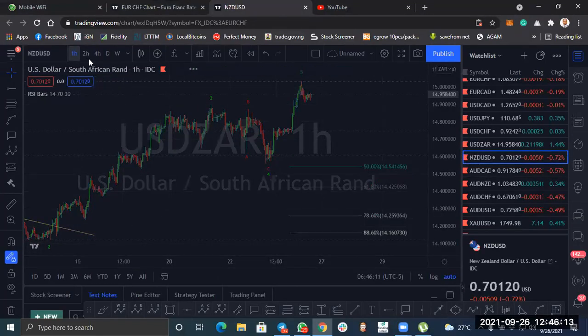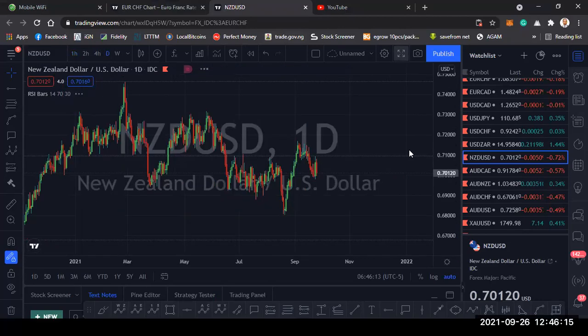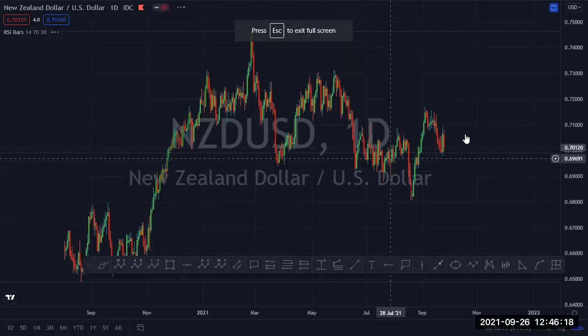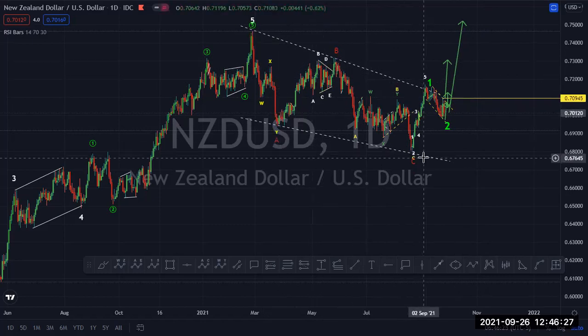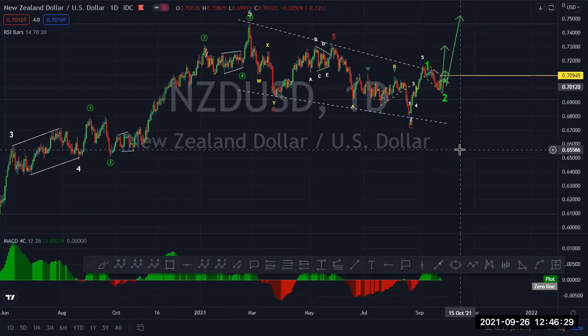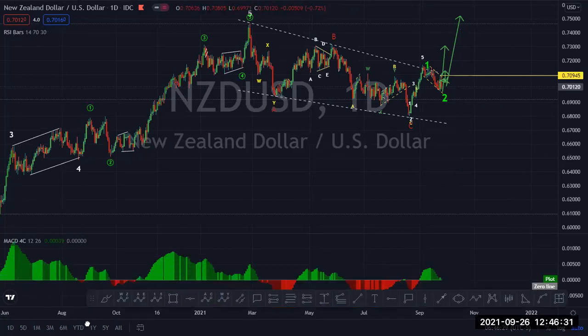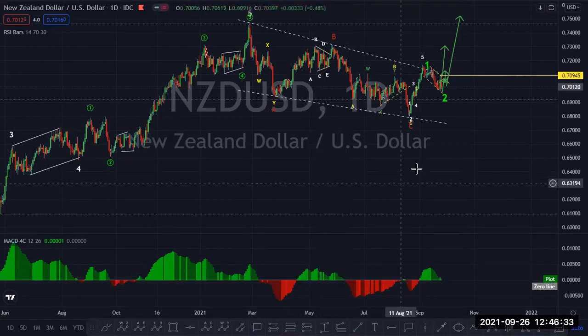New Zealand USD, let's see the daily chart. New Zealand USD is cooking a very delicious meal. I see this as ABC, a complete pattern. So, seeing it as a complete pattern, what does that tell you?